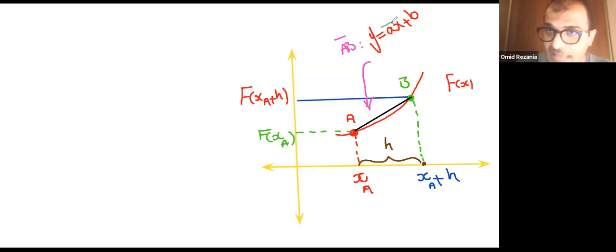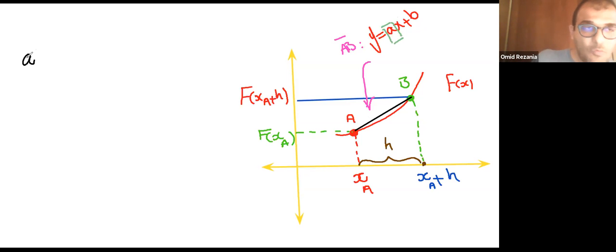The problem is that here, I again ask myself, between these two points, what is going to be the value of a, which is the slope of the secant line, or what sometimes we call the average rate of change.